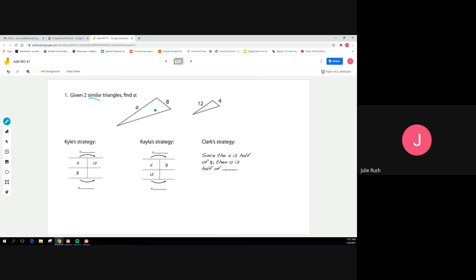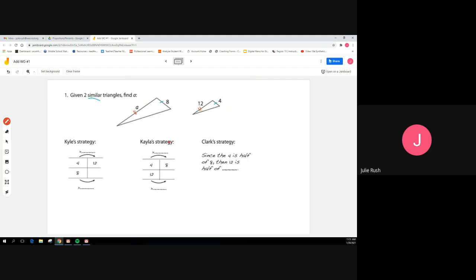And so that means this short side right here, that's 8, matches up with this short side, which is 4. And then on our long side, we have this side, which I'm going to mark with A, and this side, which is 12.